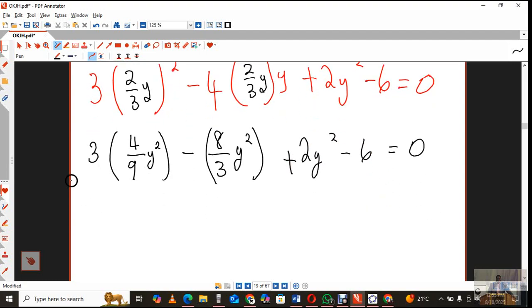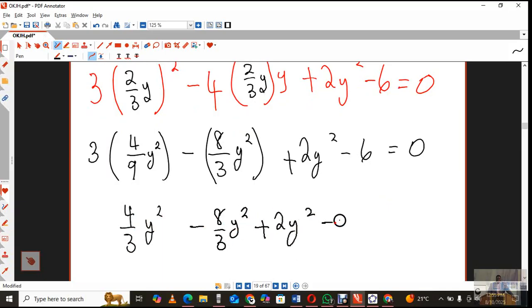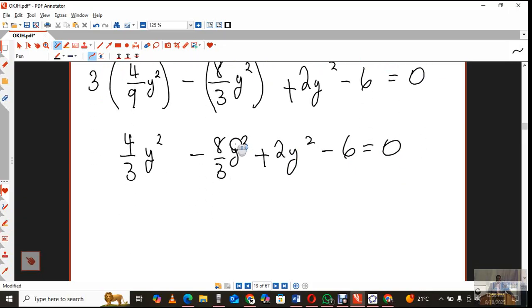3 goes in here 3 times, so that's 4 over 3 y squared minus 8 over 3 y squared plus 2 y squared minus 6 is equal to 0. Good. Let me just grab a calculator because I do not want to make a mistake here.